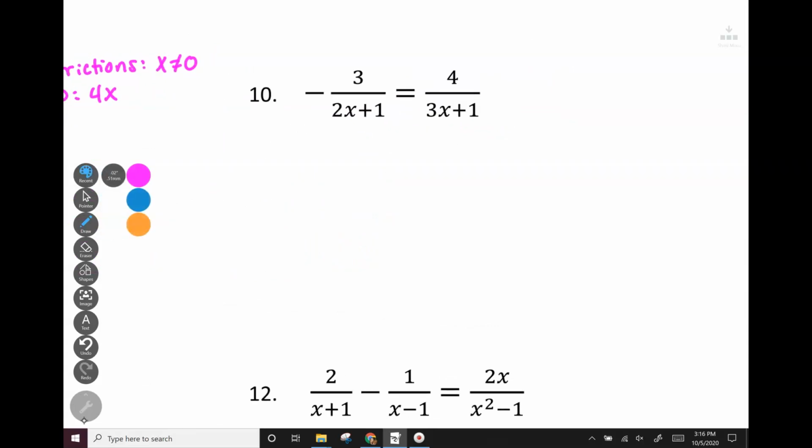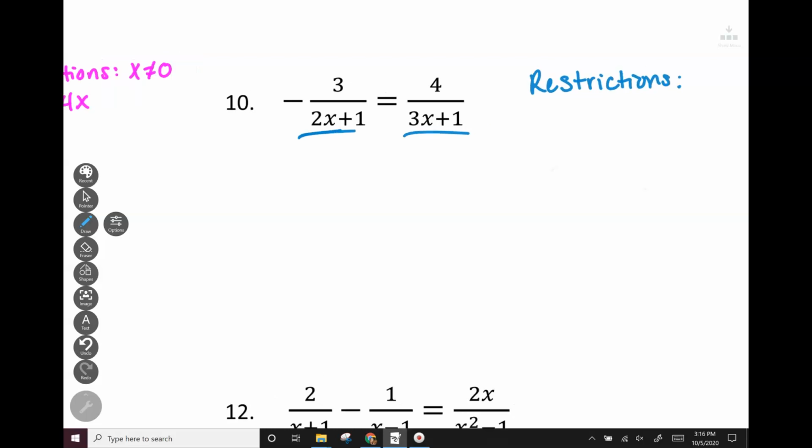Number 10. Okay, so my restriction is going to be a little different here. So when it's not just 0, you're actually going to take these and set them equal to 0 and solve for x.